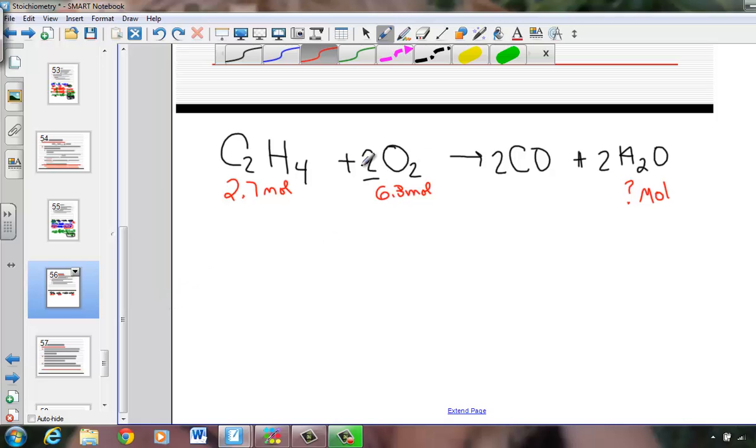So it's kind of the same story, but now we have a different journey just because the coefficients have changed. Make 2 separate stoichiometric journeys, starting from each reactant and going to the desired quantity you're solving for. So 2.7 moles of ethene, C2H4, begins. I'll have a want over given ratio, and I want to get to moles of water.